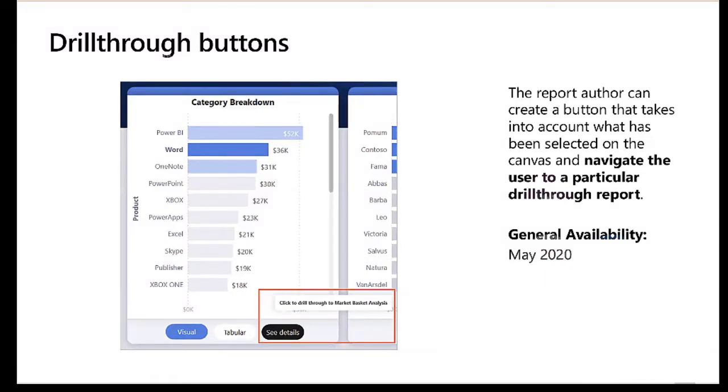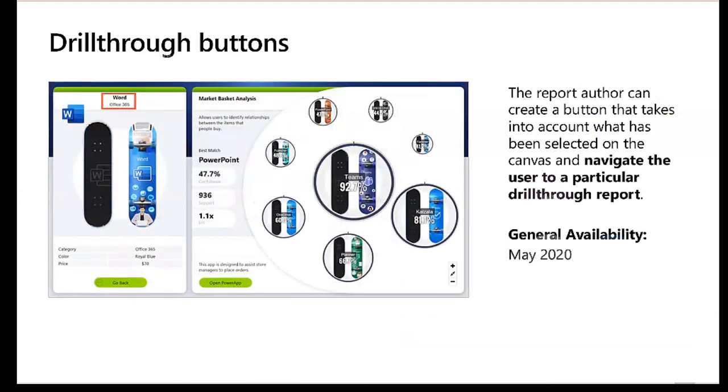As you can see in this example, after the user selects the word bar in the chart, the See Detail button is enabled. When they select the See Detail button, they drill through to the market basket analysis page. As you can see from the visual on the left, the drill-through page is now filtered for the word. This feature will be available in May 2020.